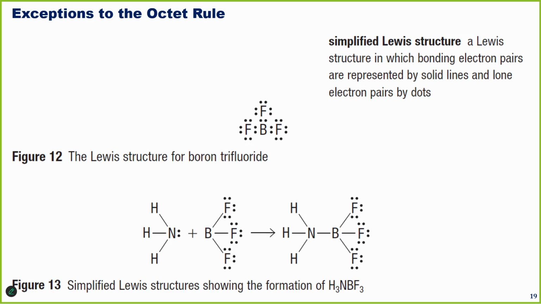Figure 13 shows the reactants and products of this reaction using simplified Lewis structures. In the simplified Lewis structure, dots representing bonding electron pairs are replaced by solid lines, and any dots representing lone electron pairs are kept. So, in this molecule, as shown here in figure 13, the boron atom obtains an octet of electrons.